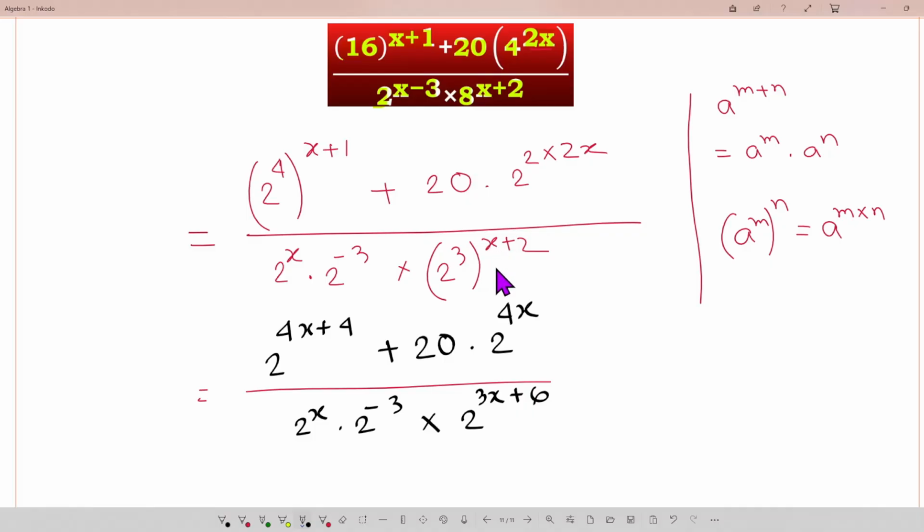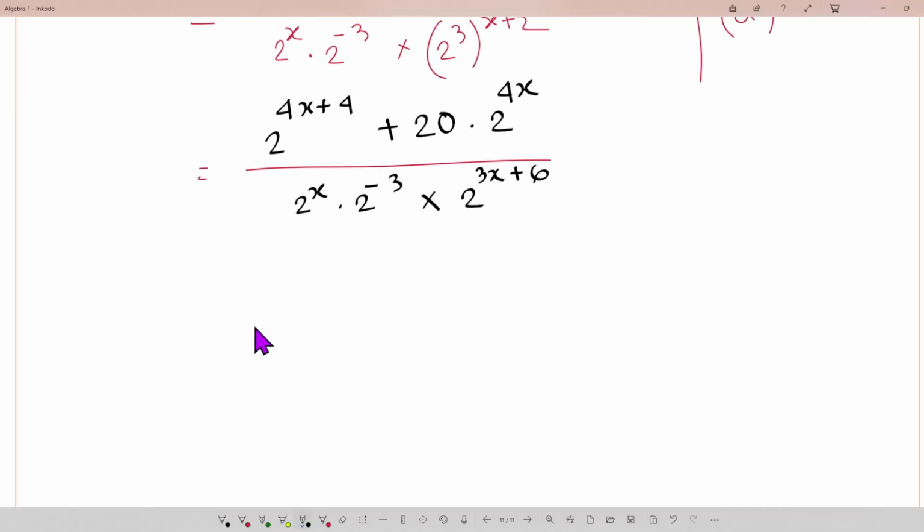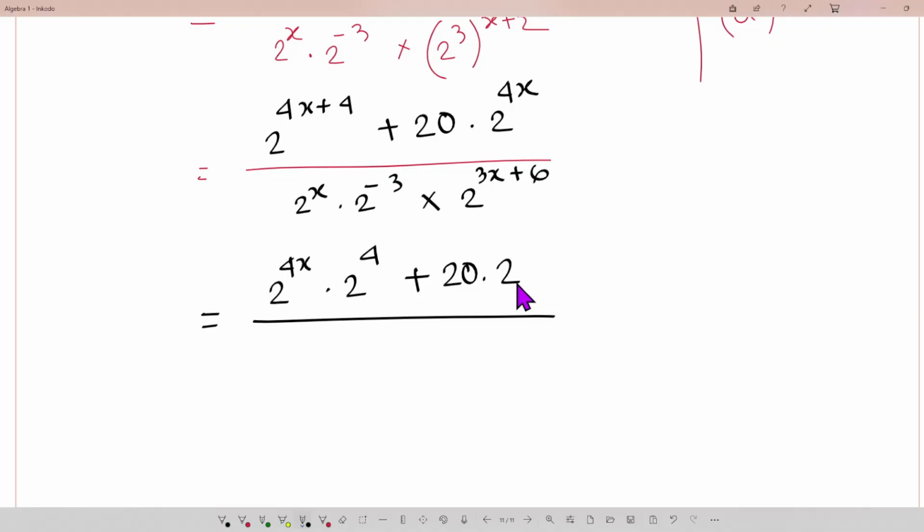Because 3 times x is 3x plus 3 times 2 is 6. Then next we can write this one 2 to the power 4x times 2 to the power 4 plus 20 times 2 to the power 4x.